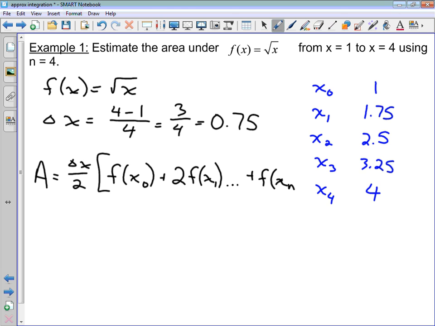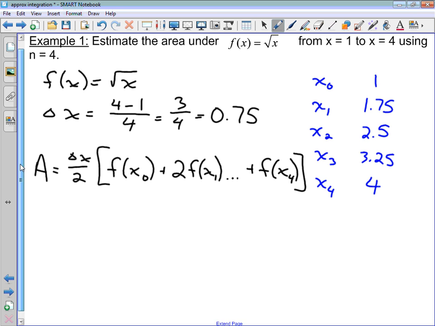So our last one is going to be f at x4. So we'll have 1 x naught term, 2 of everything in between, and 1 term representing our ending.